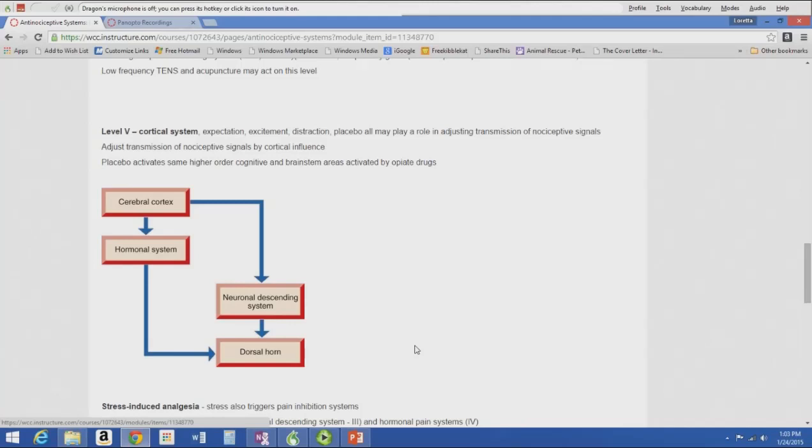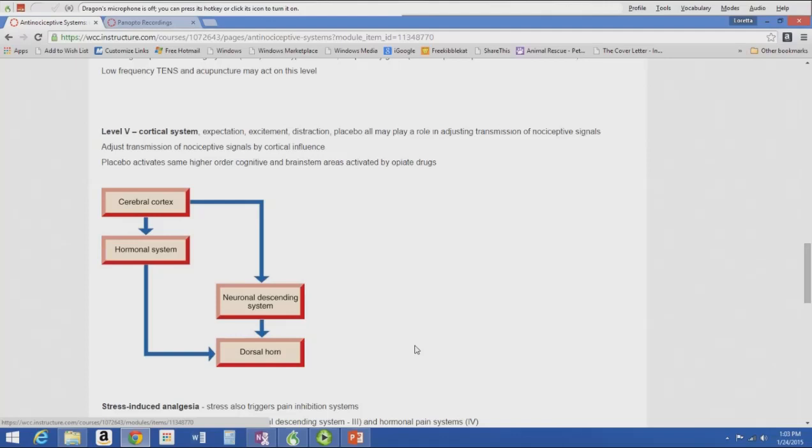So the cerebral cortex can activate level 4, the hormonal system, which then in turn acts on the dorsal horn by releasing those beta endorphins. It can also activate the neural descending system. So something like hypnotherapy can affect this system.